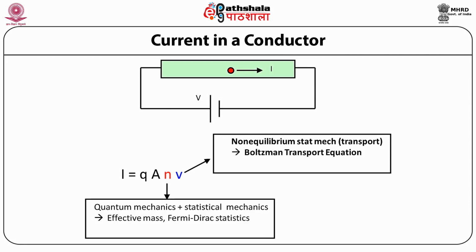Now students, let us try to understand the different length scales defining the motion of electrons through a conductor. The most obvious is the geometric size of the conductor.